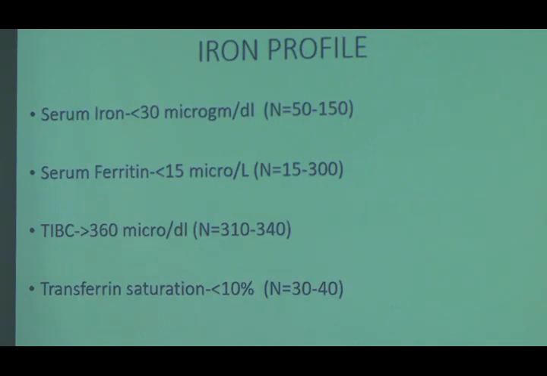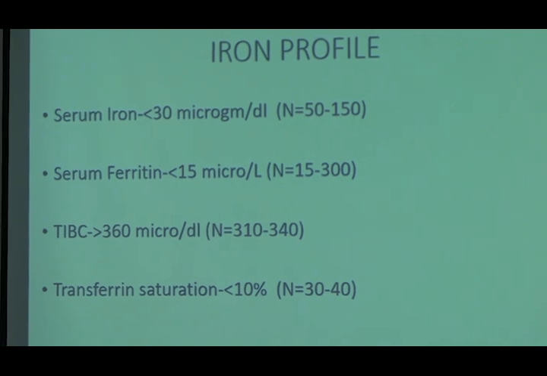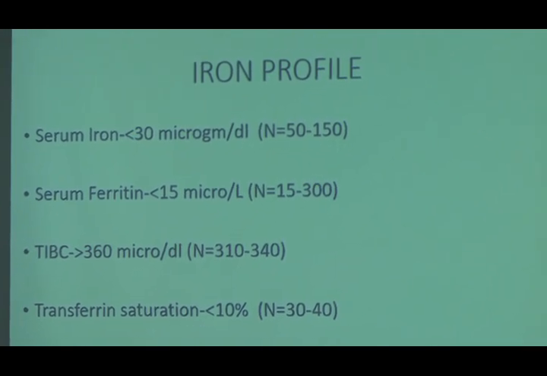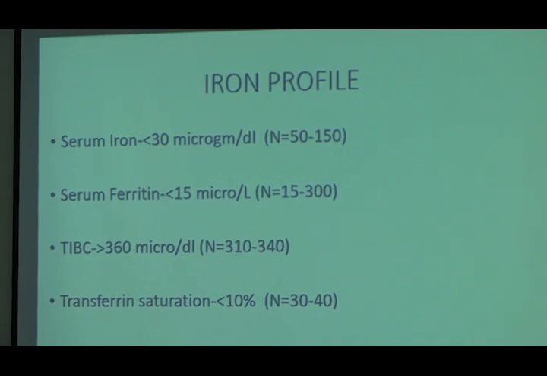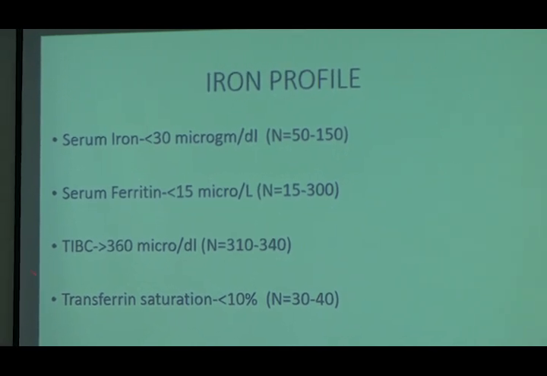Okay. Now beyond that, we have the iron profile. For diagnosis of iron deficiency anemia, we have to do the iron profile. When you get a picture of microcytic hypochromic anemia, you will find different parameters: serum iron, serum ferritin, total iron binding capacity, transferrin saturation.